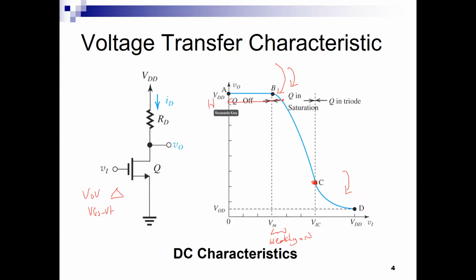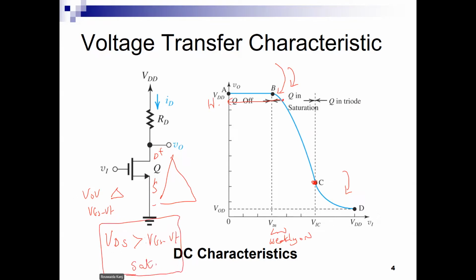So the output, which represents VDS, is still large, and in this case chances are VDS is greater than VGS minus VT, and the device is in saturation.